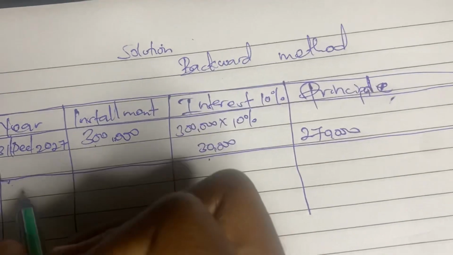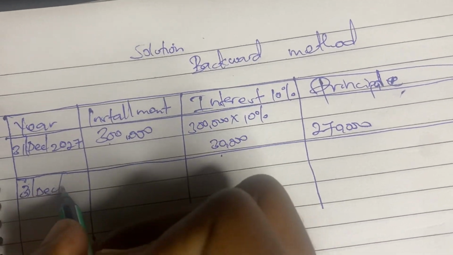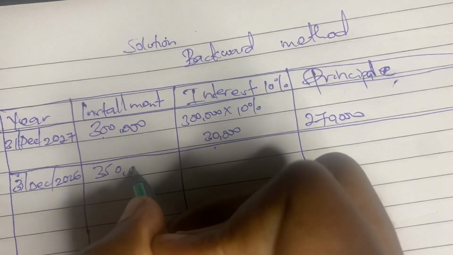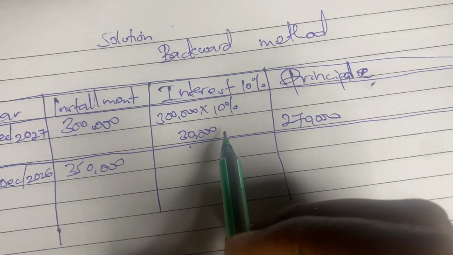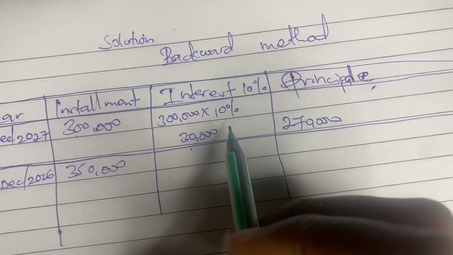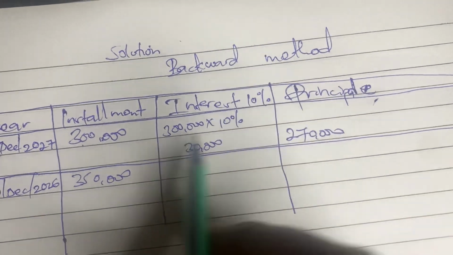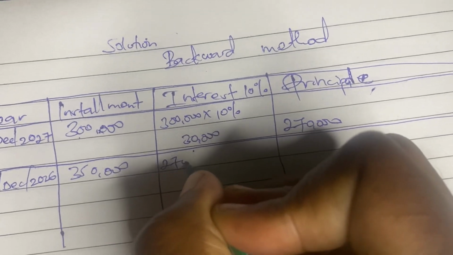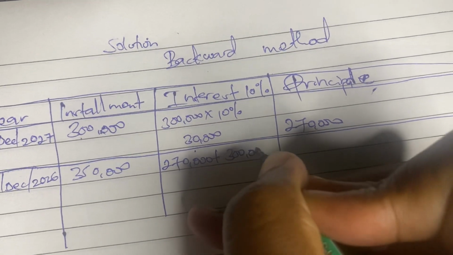Then we go to the next year, which is 31st December 2026. The installment was 350. How do we get the interest? We get this principal, we add the installment for the last year. So 270 plus the 300k.